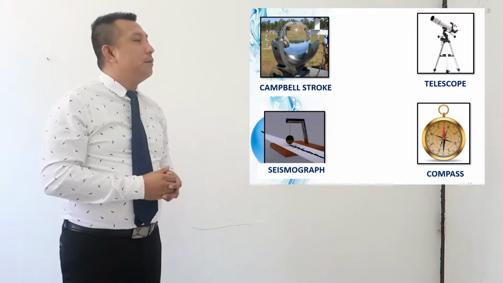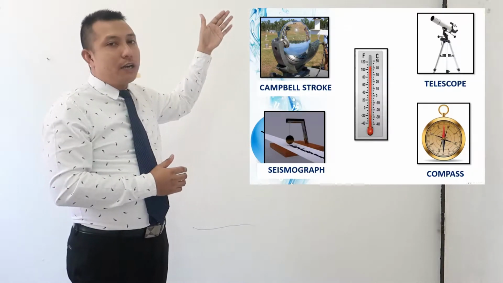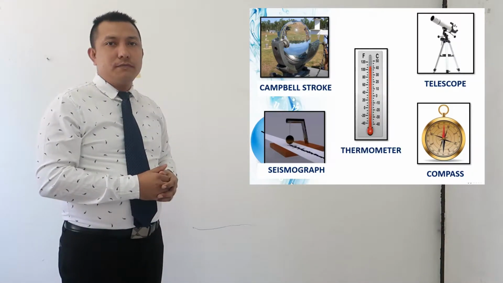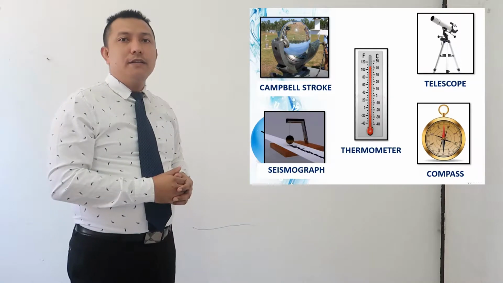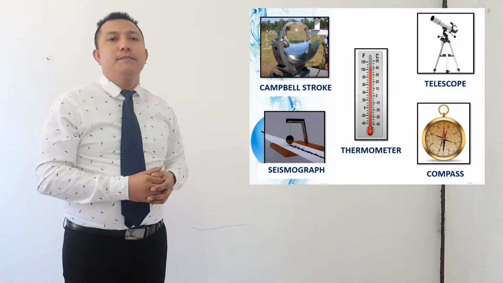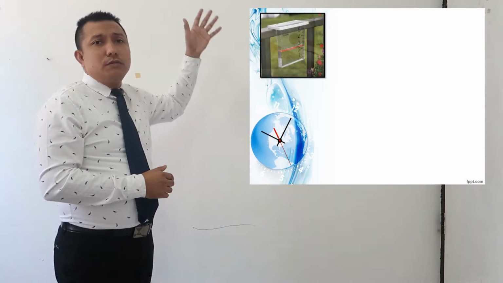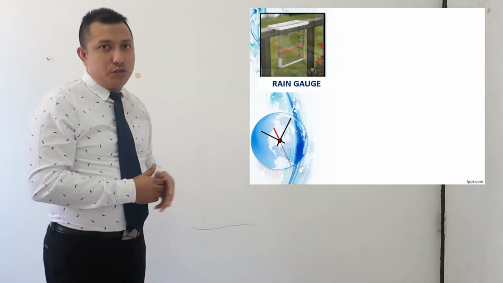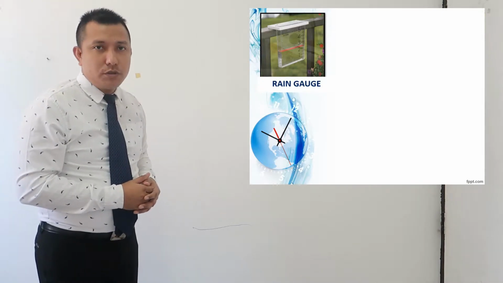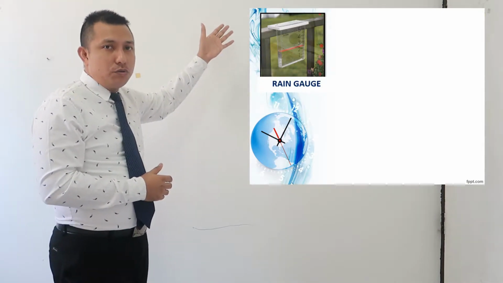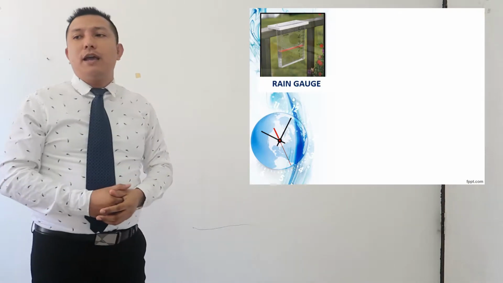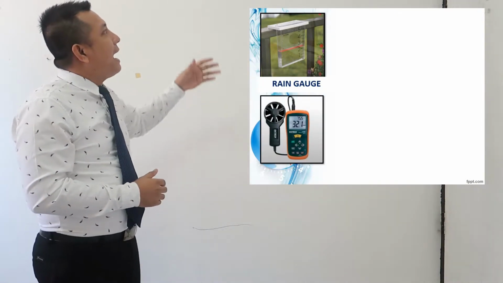Good. Now, we have also thermometer. Again, thermometer. Good. Now, we have also what we call rain gauge. Rain gauge. Repeat after me. Rain gauge. Very good. And we have also what we call anemometer.